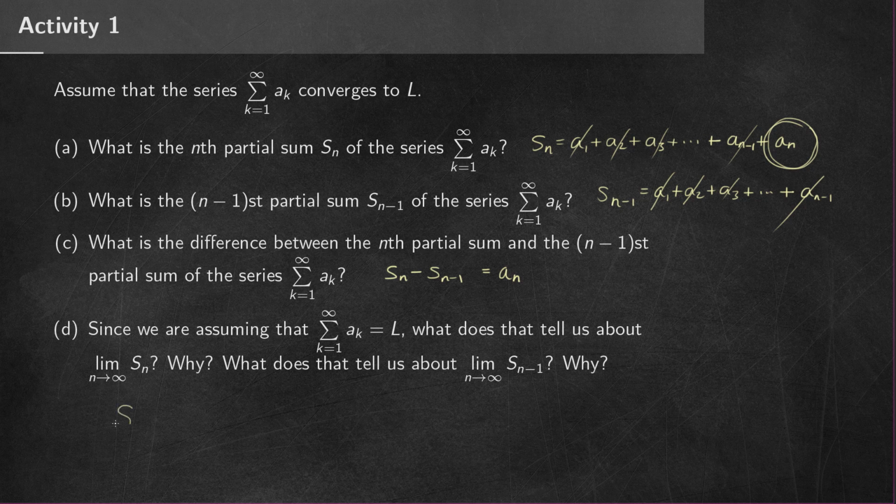So we're approaching the infinite sum here, which is the actual sum, which is L. So that limit is equal to L. And likewise, s sub n minus 1, if n is approaching infinity, then we're approaching the infinite sum. So it's also just going to equal L.